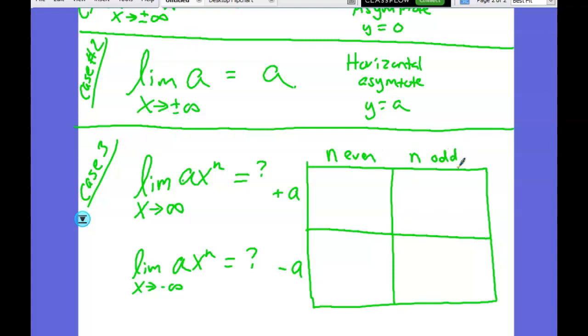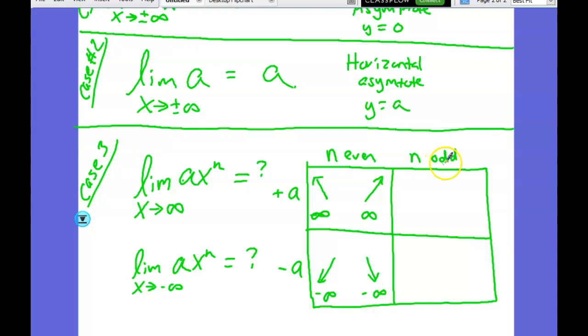Okay, when n was even and we had a positive a, the graph went up on both sides. So the limit at the right was infinity, and the limit at the left was also infinity. But when n was even and a was negative, it went down on both sides, in which case the limit on both sides was negative infinity.